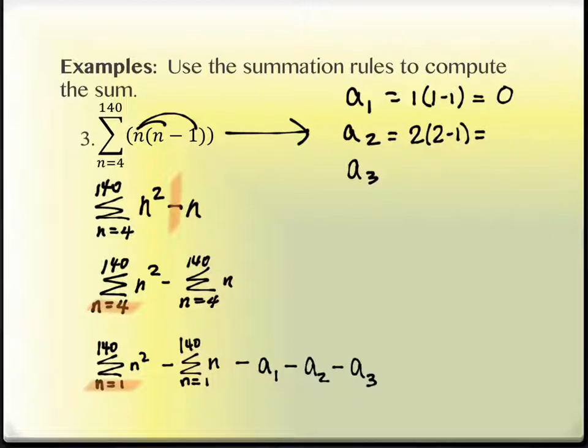That's 2. And I'm going to multiply 3 times 3 minus 1, and that gives me 6. So these values at the end are, in fact, 0, 2, and 6 that I have to subtract off. Everything at the beginning stays the same, so I'll just copy that and paste it.